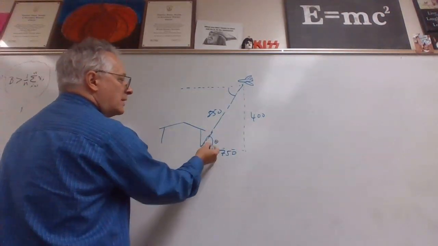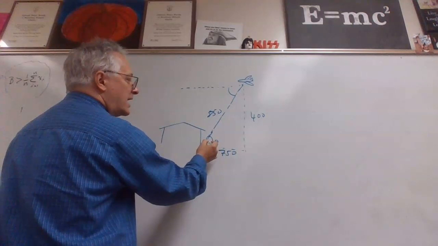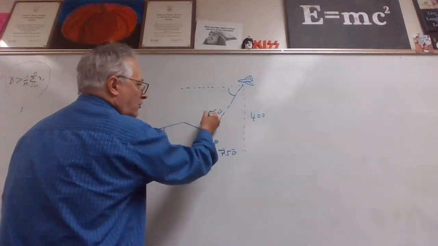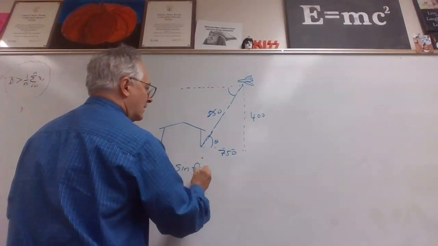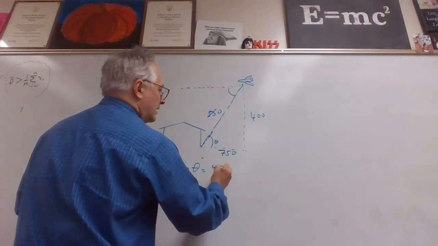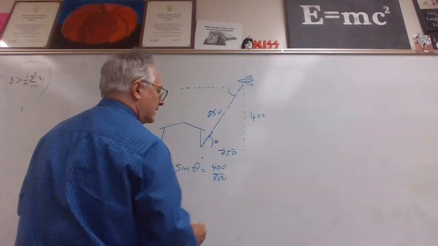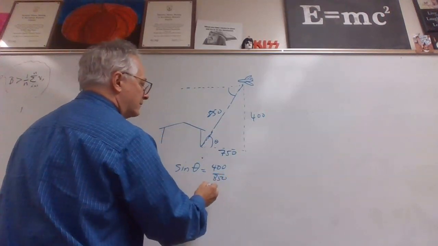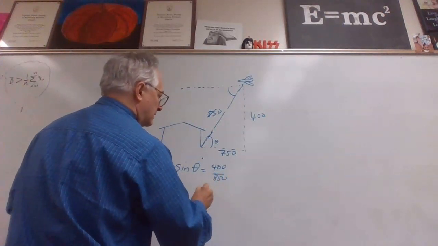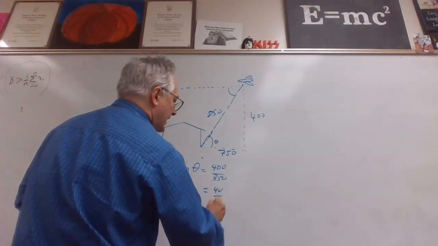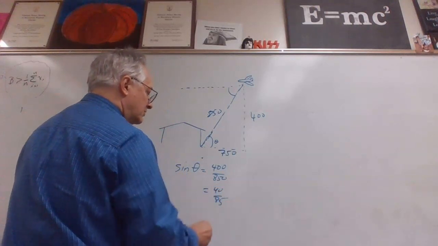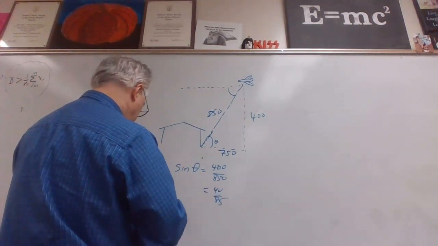So they want the sine of this. Well, the sine is going to be opposite over hypotenuse. So the sine of my angle is going to be 400 over 850. Okay, and we can reduce that. We can call that 40 over 85, and we can reduce the numerator and denominator.